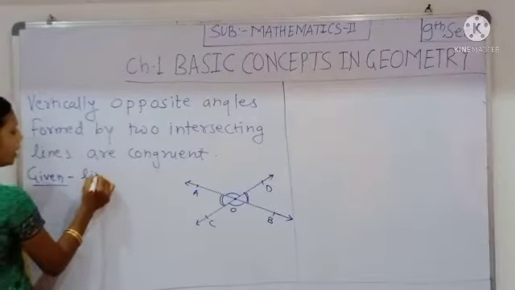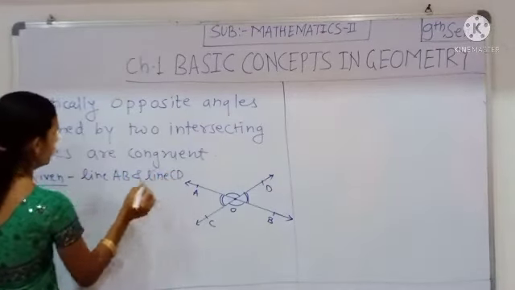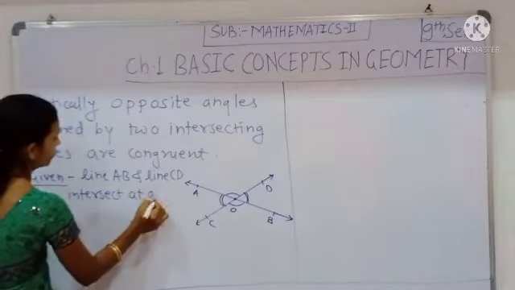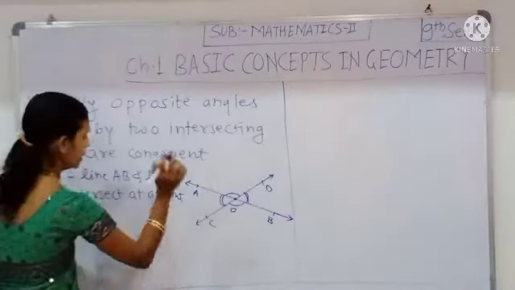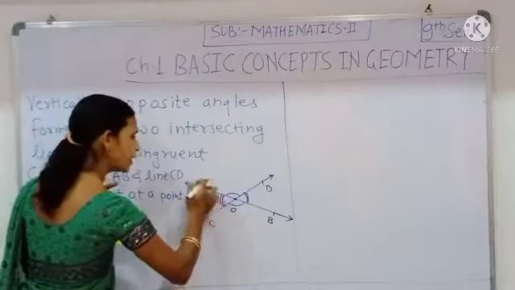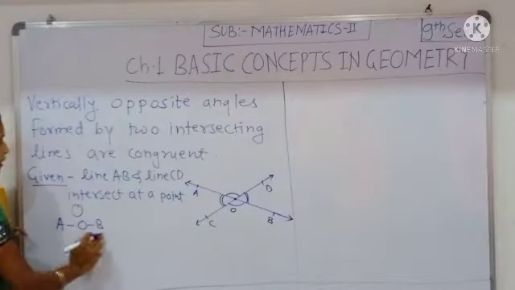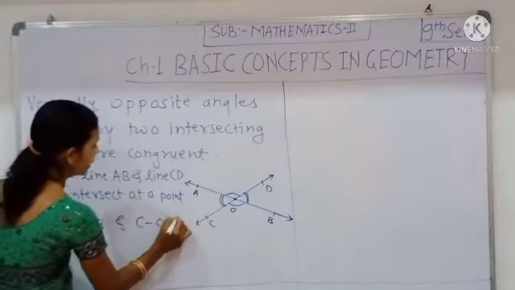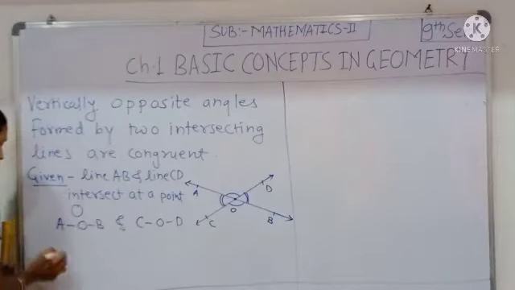Here line AB and line CD intersect at a point O. Here A-O-B means A, O, B are collinear points, as well as C-O-D means C, O and D are collinear points.